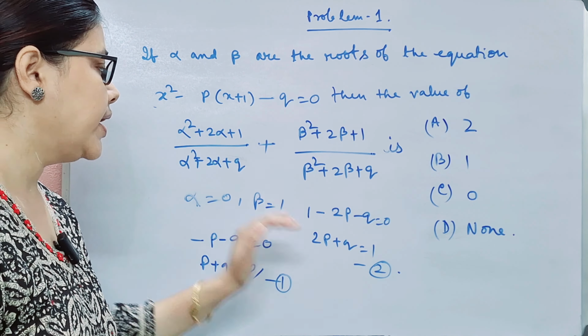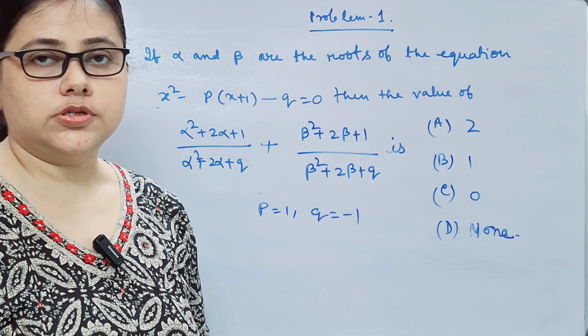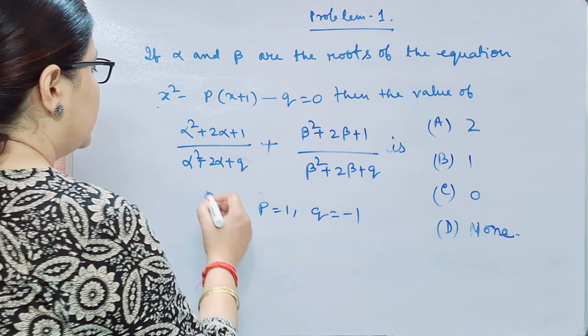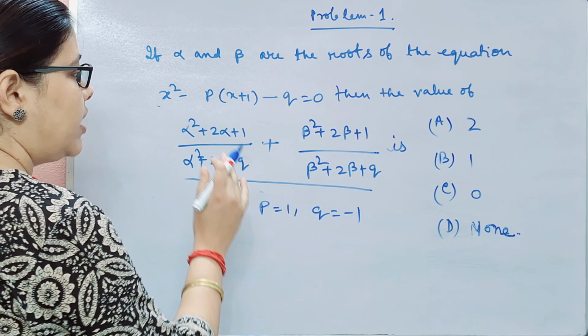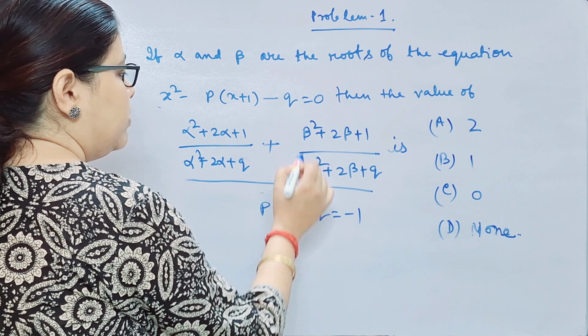So solve the equation 1 and 2, this is your task, and get the value p as 1 and q equals to minus 1, and then put the value of alpha, beta, p, q in this term and get the value of this term. So alpha will be 0 and beta will be 1.